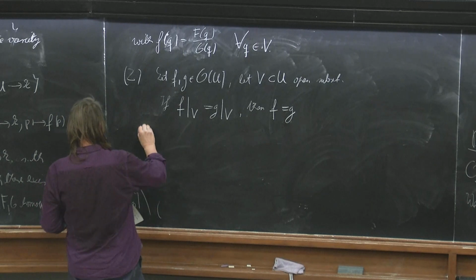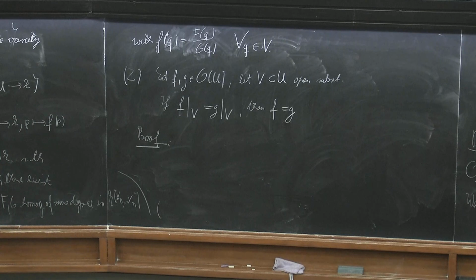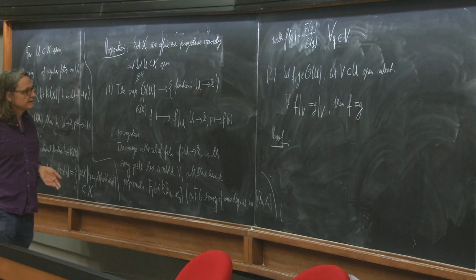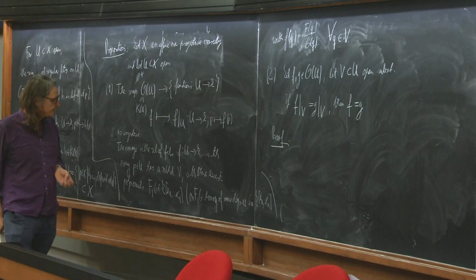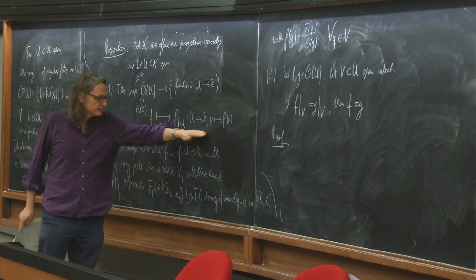Okay, so let me try to sketch the proof. I want to just see that I can recover this rational function f in O(U) from this map.